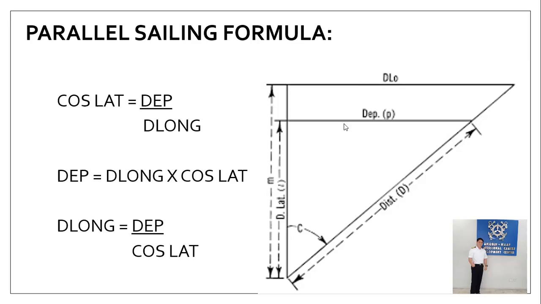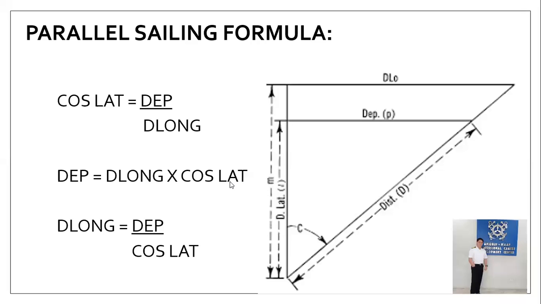on the triangle. So these two formulas below the cosine latitude, you just cross multiply. If you require the departure, cross multiply it here. Then departure will be d long multiplied by cosine latitude.